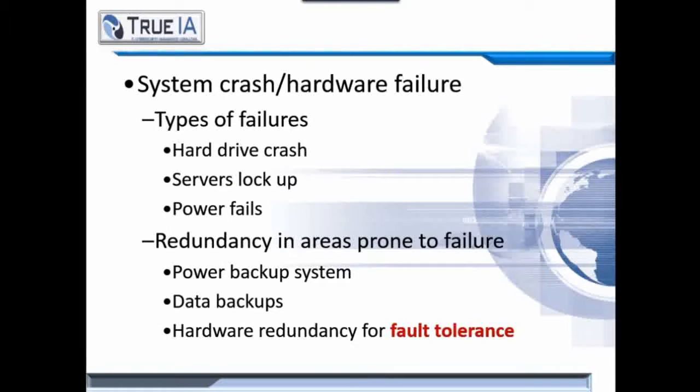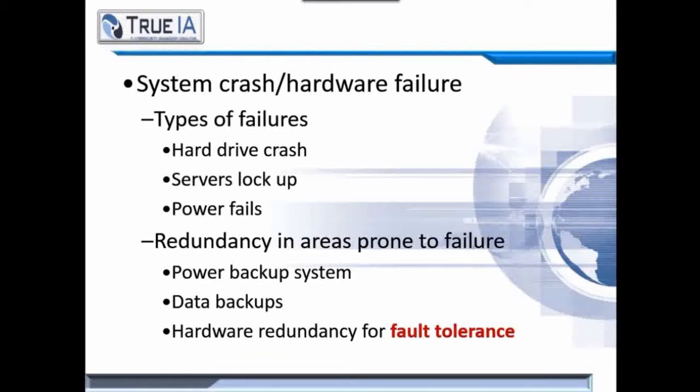Starting with system crashes or hardware failures, some of the most common types of failures are a hard drive crash or server lockups. Even a power failure would fall into this category. That's why with all modern networks, we try to build in what we identify as redundancy or fault tolerance. We do this, for instance, by providing battery backup or by implementing a RAID.